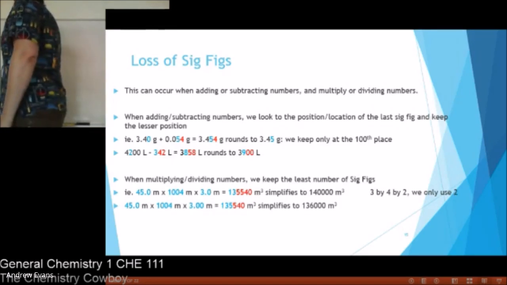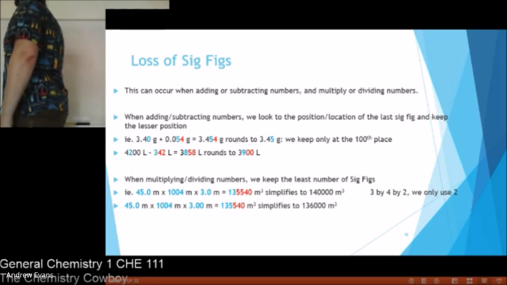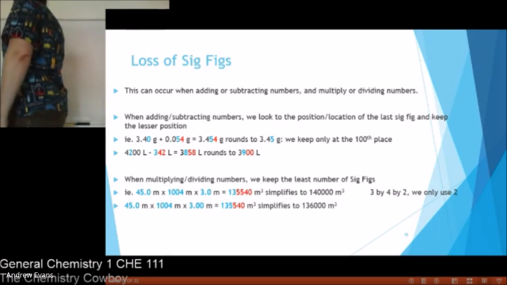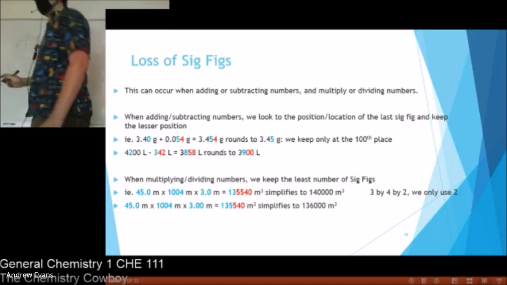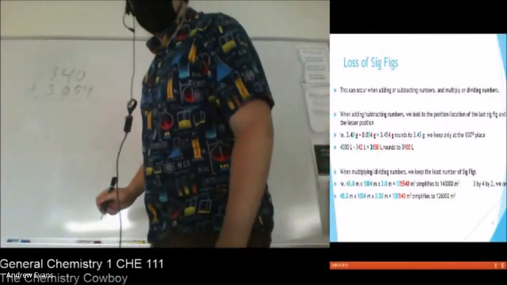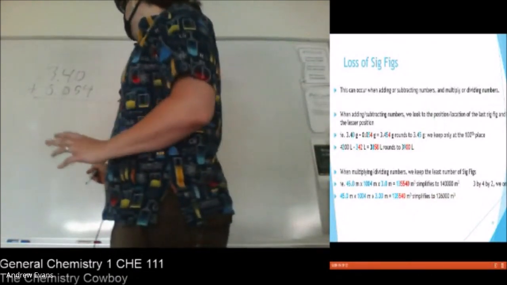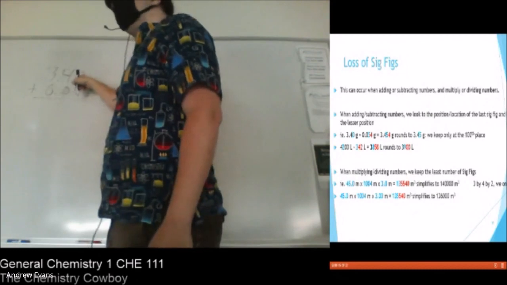So if I do 3.40 and add that to 0.054, put them right over top of each other. You should note one thing. 3.40, what did I say?